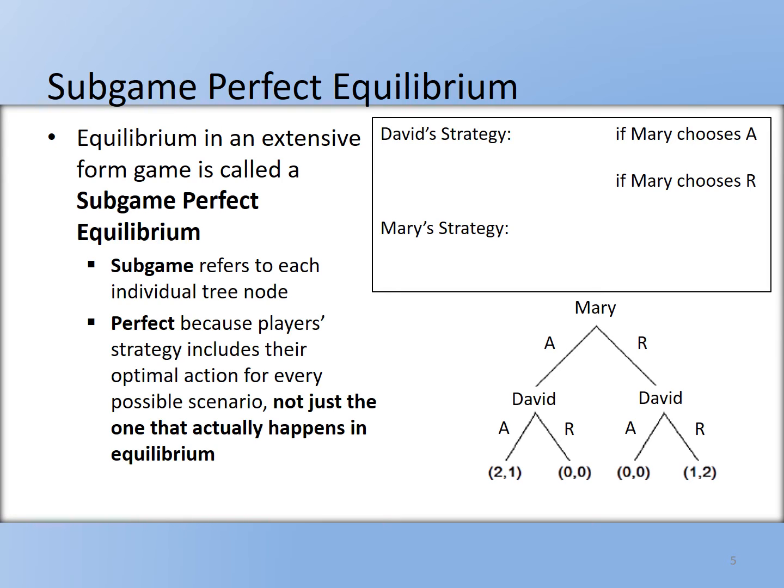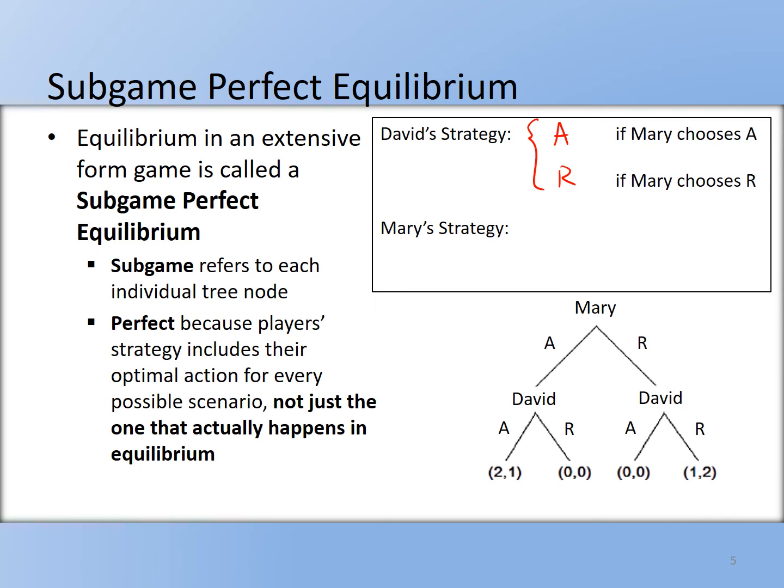So his plan is contingent on what Mary would do. So if Mary chooses A, David is going to choose A, and if Mary chooses R, David is going to choose R. So what he does depends on what Mary does. This is his strategy. His strategy is contingent on Mary's action.